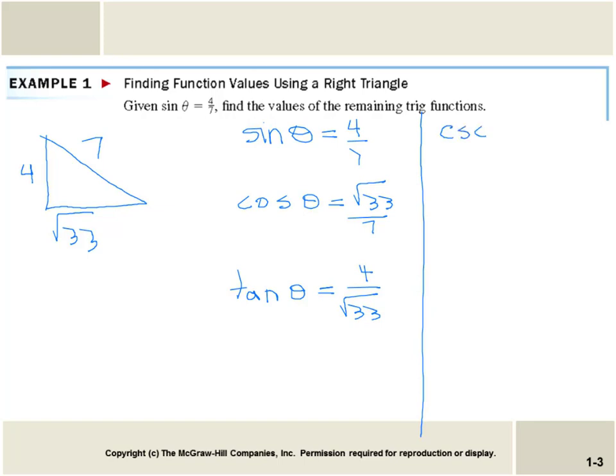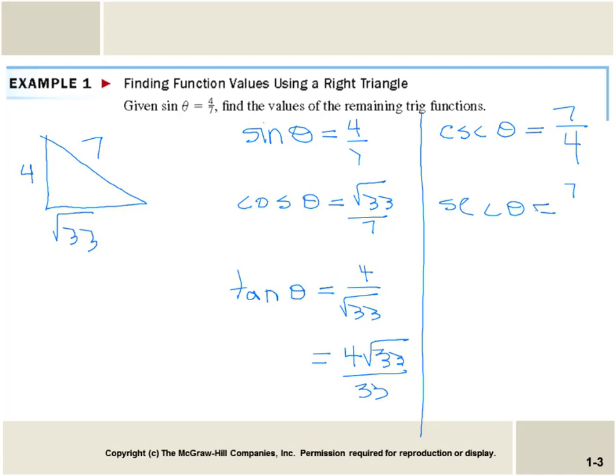Exactly, the cosecant. So the cosecant of theta is equal to 7 over 4. That means the secant of theta, okay, so here, rationalize this would be 4 times the square root of 33 over 33.